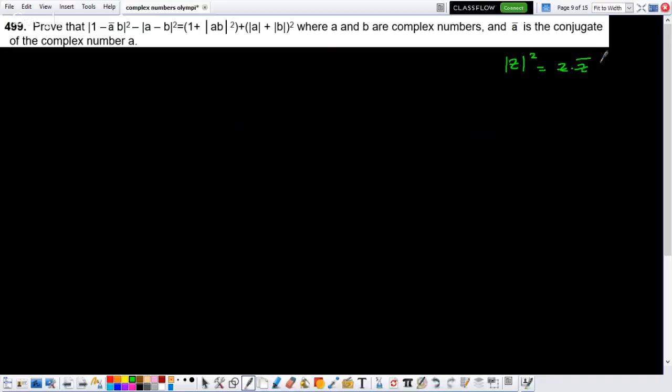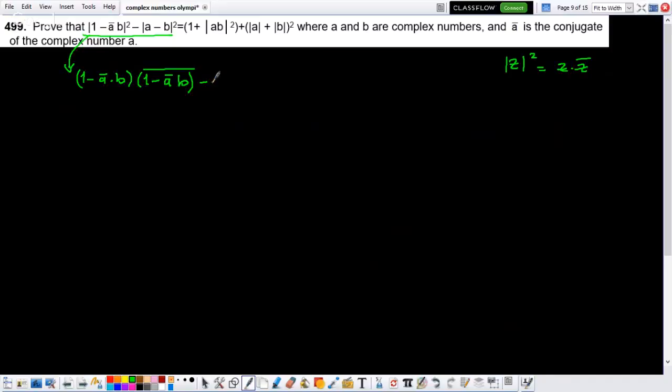So if I apply here, 1 minus a conjugate b module square is going to be 1 minus a conjugate b times 1 minus a conjugate b conjugate.